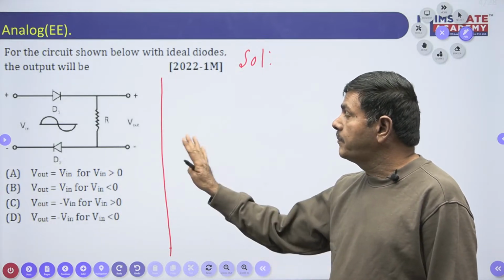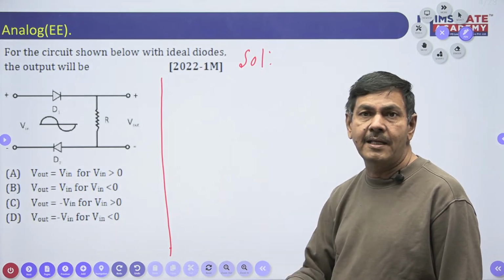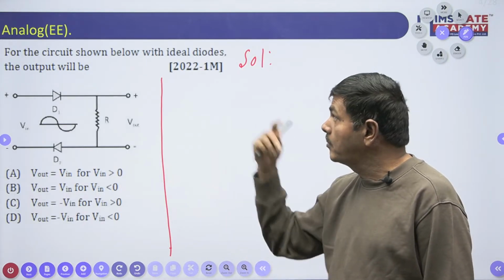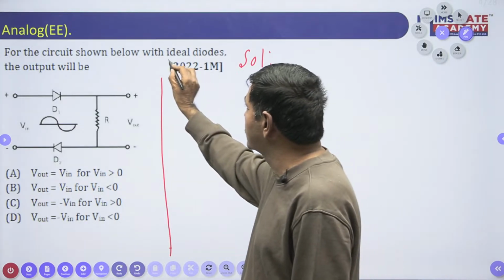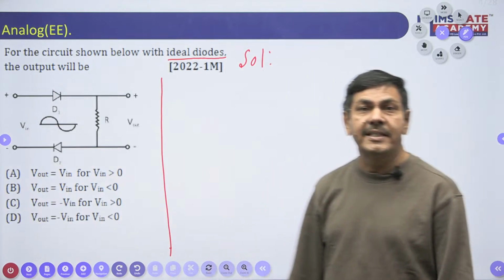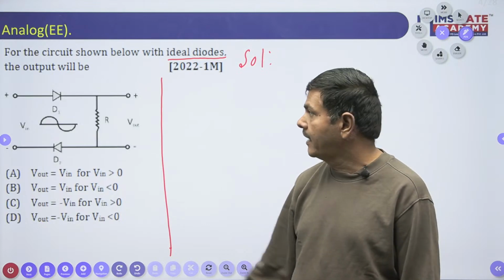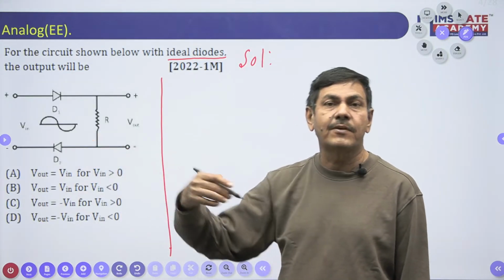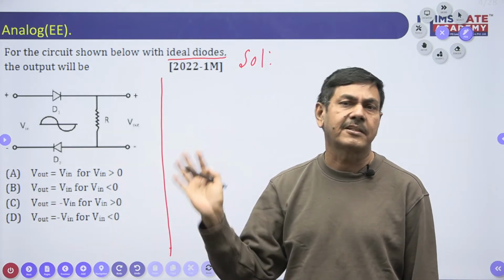First of all, in the given problem, you need to identify whether the diodes are ideal or non-ideal. In the problem, you check it. Yes, for the circuit shown below with ideal diodes, strictly given. An ideal diode has no drop across it if it is forward bias. If the diodes are forward bias, directly you can short circuit.